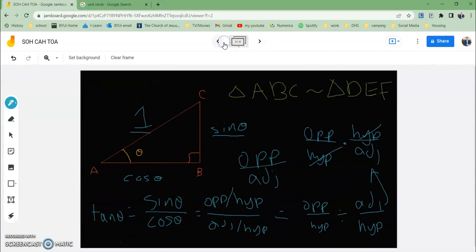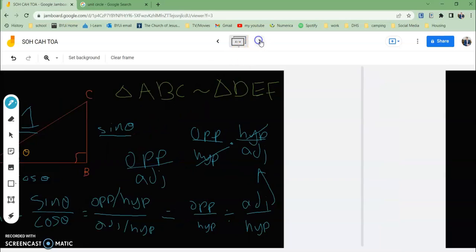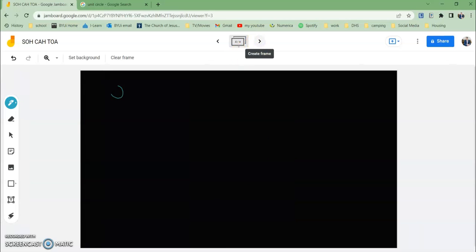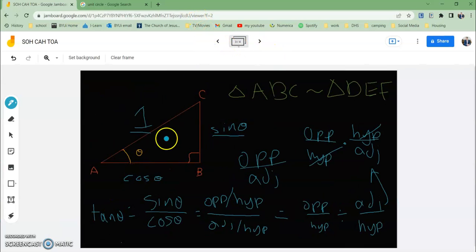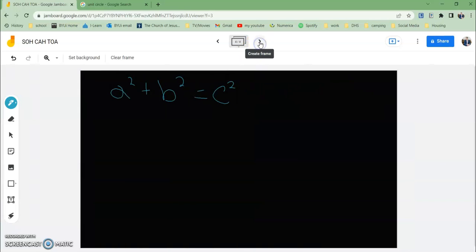So I'll show you some other cool things about what we can know from this definition right here. Well, let's recall something called the Pythagorean Theorem. That says a squared plus b squared equals c squared. Well, if you notice right here, this definition of sine and cosine, we have a side length, so let's square that. So cosine squared.